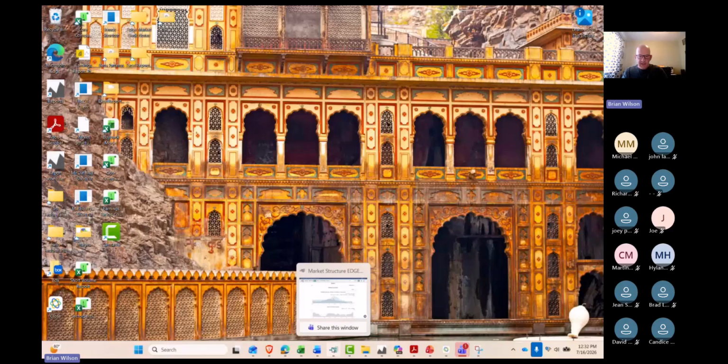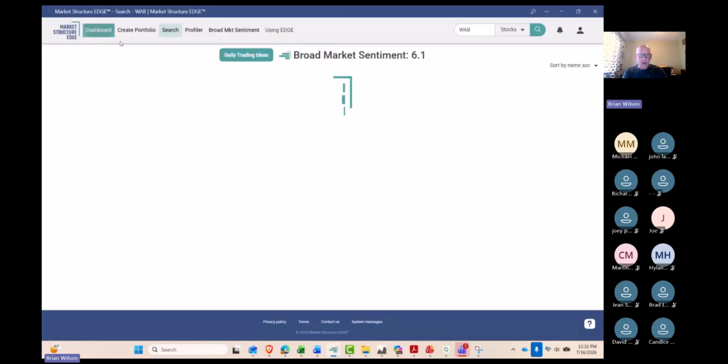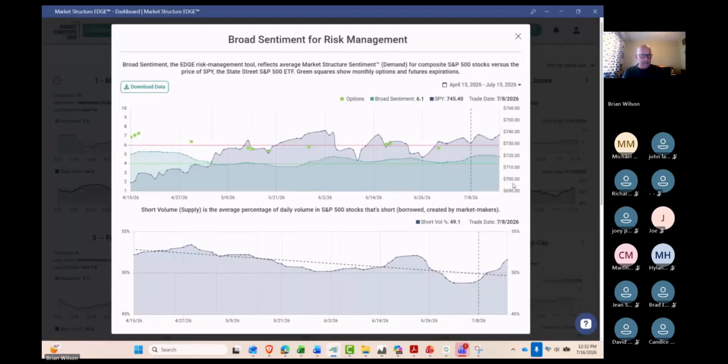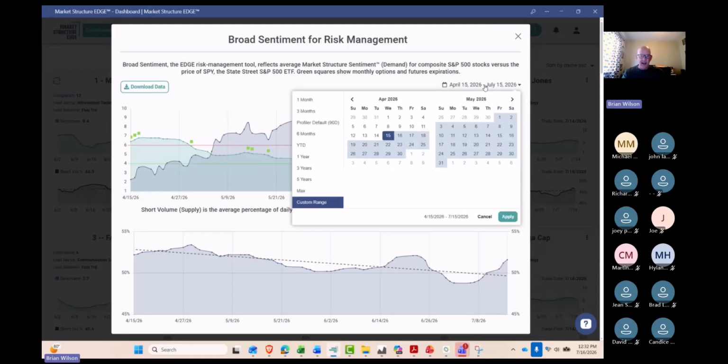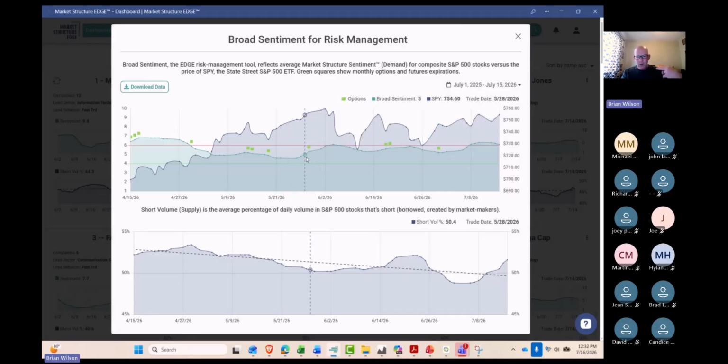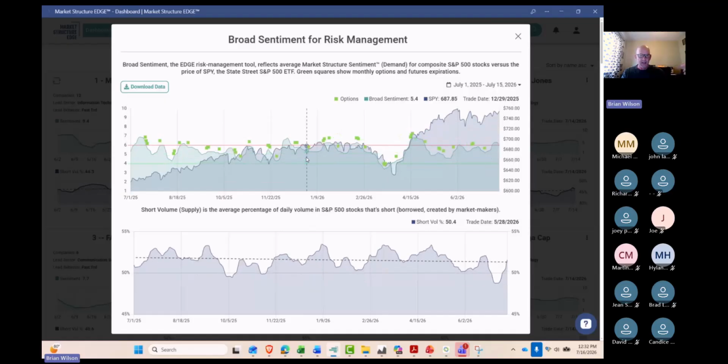All right, I'm going to get started with what we call redline conditions. And let me take a look back a little bit. For those that are very familiar with Market Structure Edge, you'll know this principle very well. But there's a normal rhythm to the market.